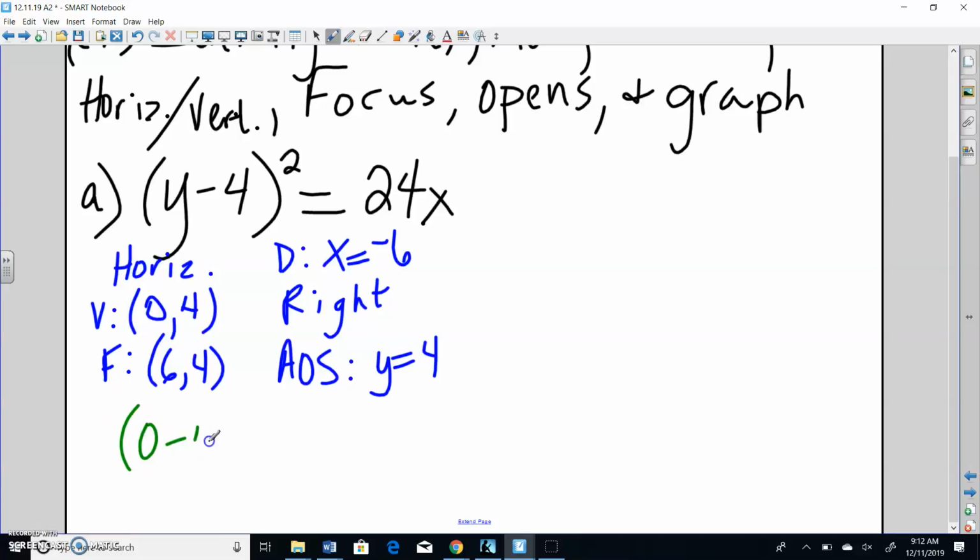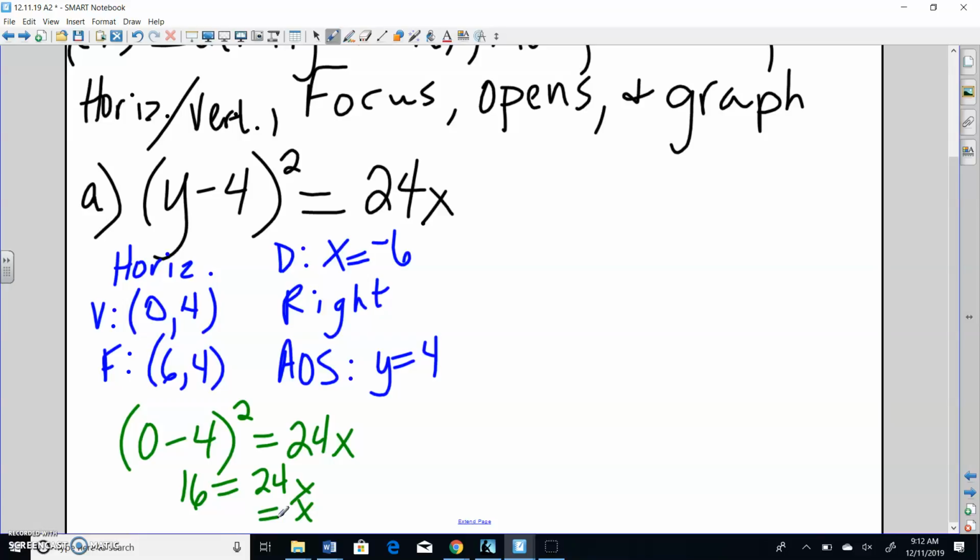0 minus 4 squared equals 24x. Negative 4 squared is 16, so 16 equals 24x. We get what as x?